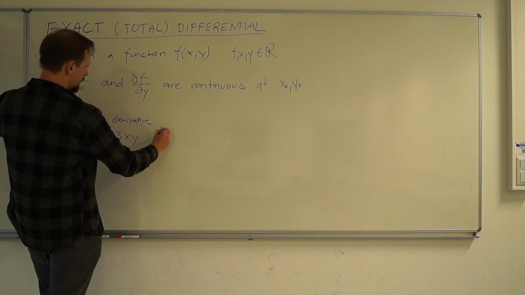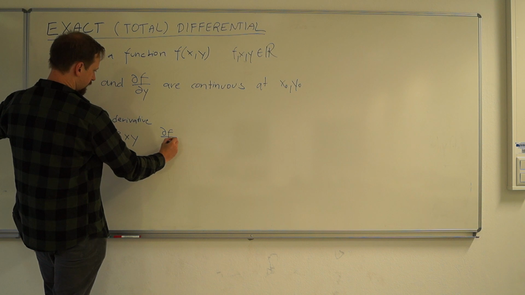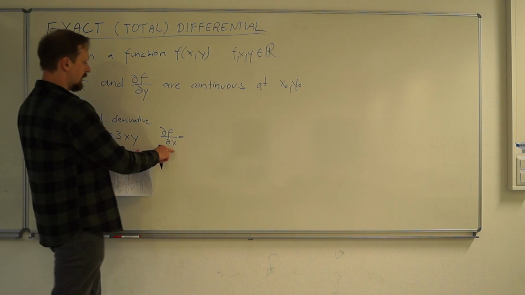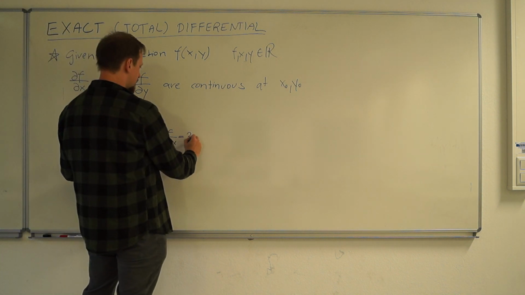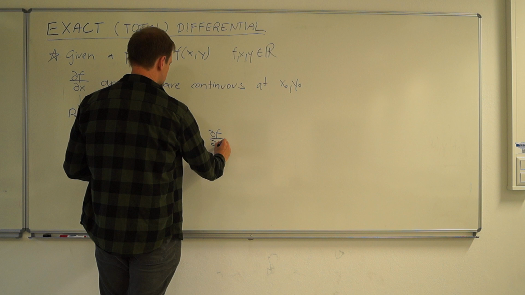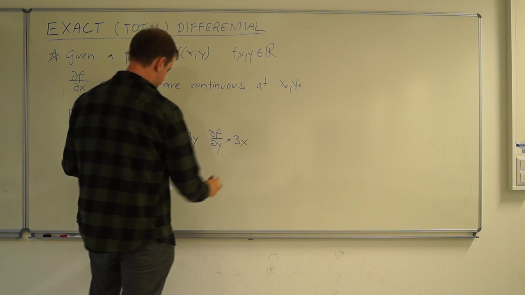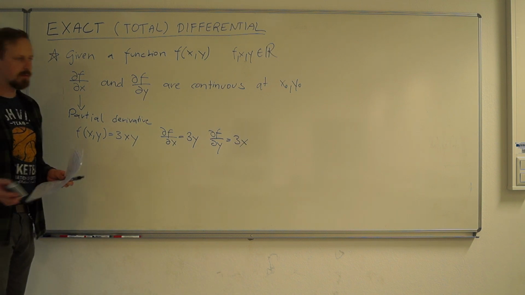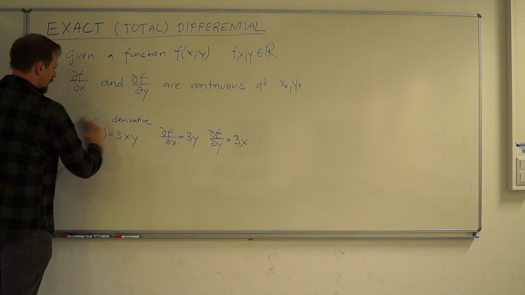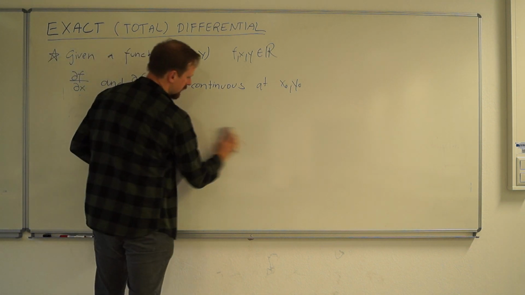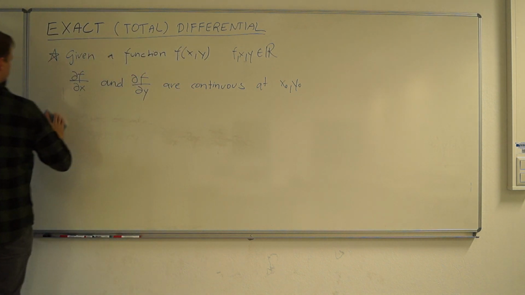Then for the partial derivative with respect to x, we treat y as a constant. Therefore, the partial derivative with respect to x equals 3 times y, and the partial derivative with respect to y equals 3 times x. So actually it's very easy. I will erase it now. I think one can remember it, just in case one has not heard about partial derivatives yet, to give a very brief explanation of what it is.